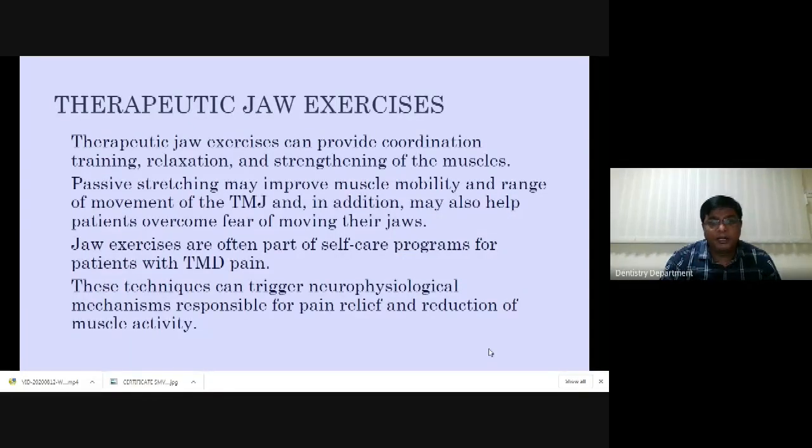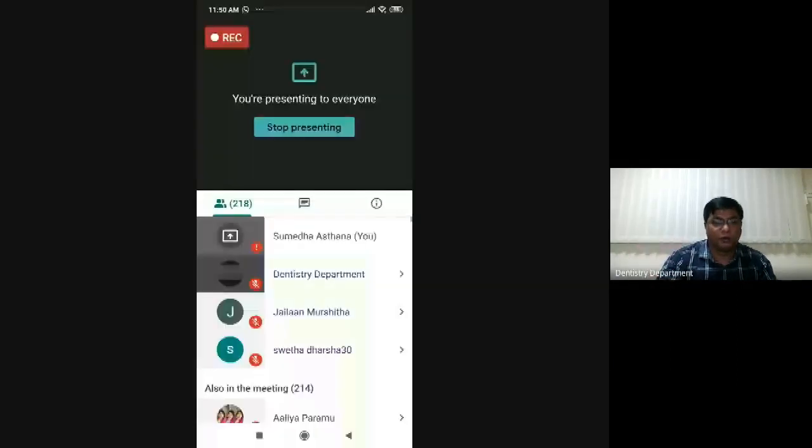There is something called therapeutic jaw exercises, passive stretching. They say passive stretching improves muscle mobility and the range of movement of the TMJ. As I said, this is one of the postural philosophies: if you do passive stretching, it comes to the natural posture and that will improve the TMD.